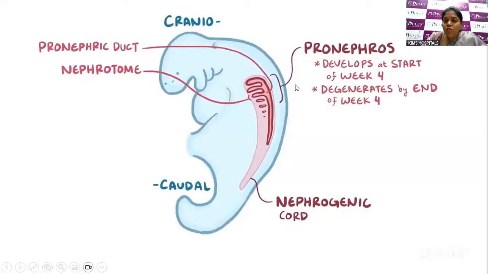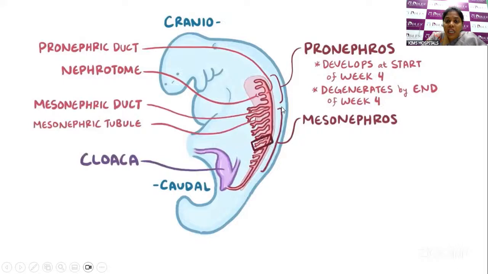This does not produce any urine and degenerates by the end of the 4th week. The pronephric duct then extends into the mesonephric duct, or the mesonephros.